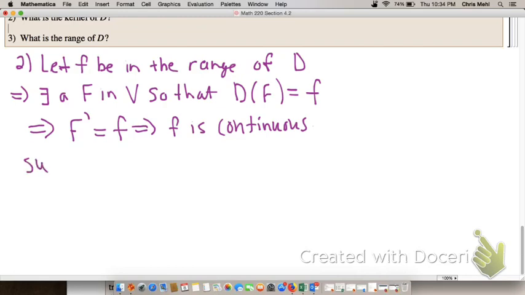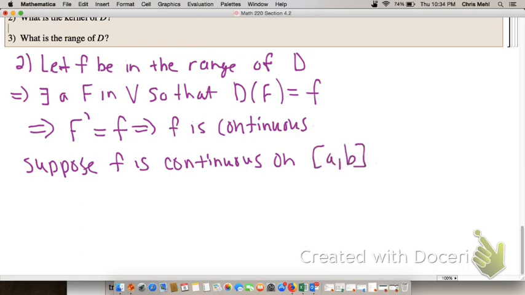So, suppose, for the other direction now, suppose f is continuous on the closed interval from A to B. Okay. Now, from Calculus 1, there's a theorem that says any function that's continuous on a closed interval has to be integrable.